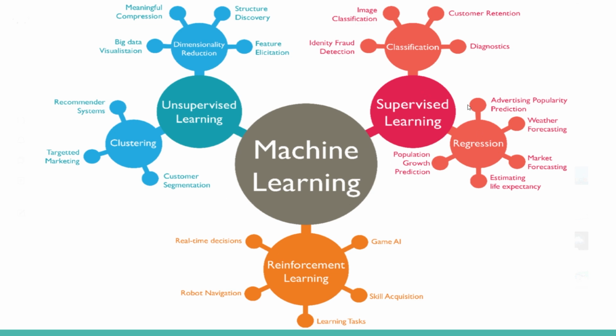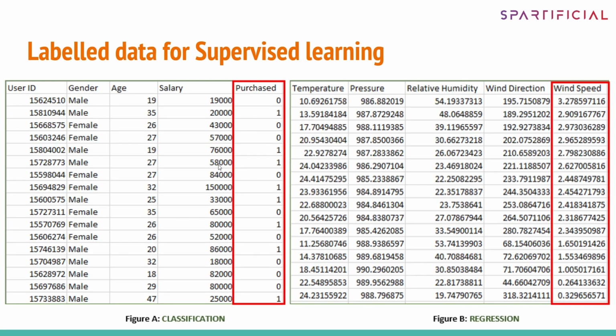If we talk about supervised learning, I can clearly show you that in supervised learning, we require labeled data. So what is the labeled data? Over here, let's say for classification, we are giving some different classes that our model needs to predict. So we are saying that, based on this type of input, you need to keep in mind that this is the output that you need to predict.